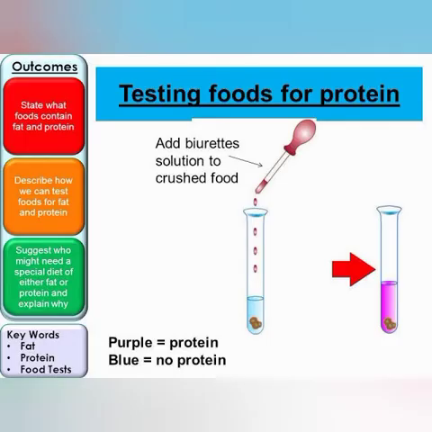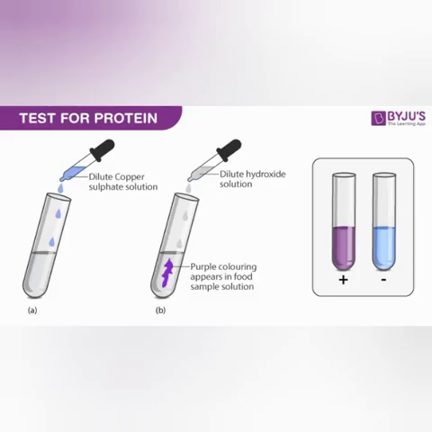First of all, you have to take a food material into the test tube, grind it well, and after that add 10 drops of water to the test tube itself. Mix the food with water and then add 2 drops of copper sulfate solution.